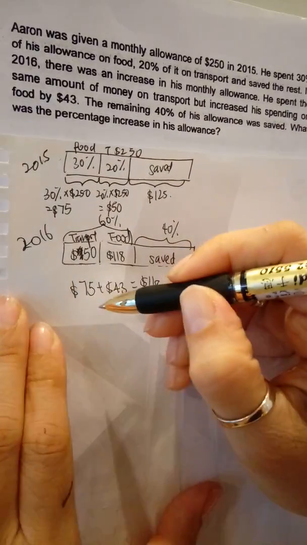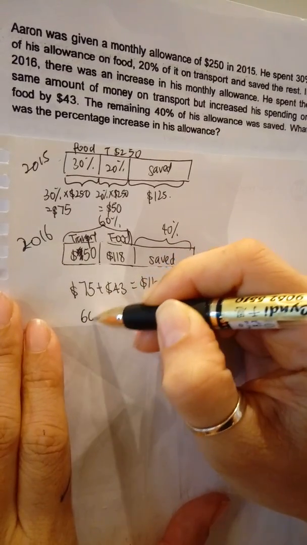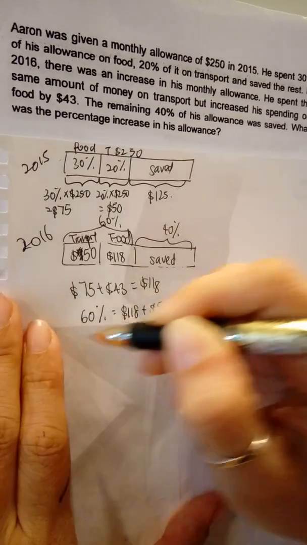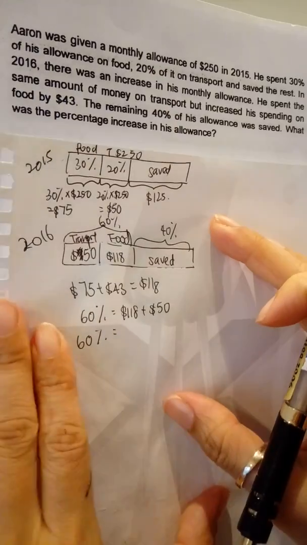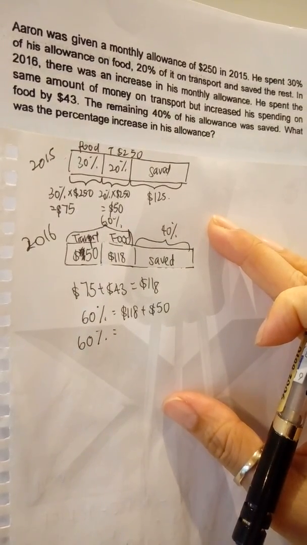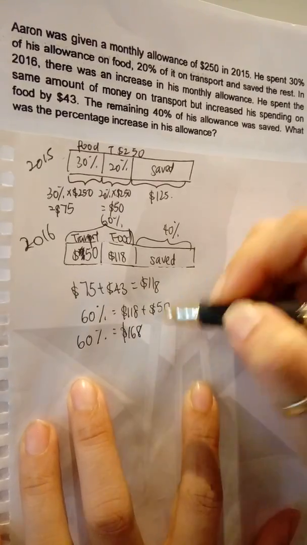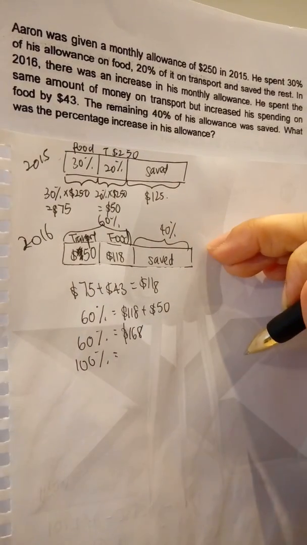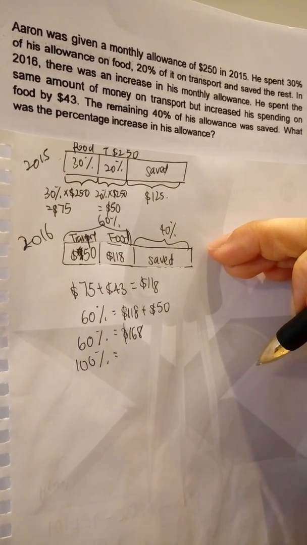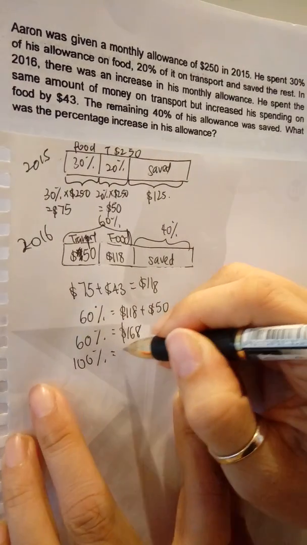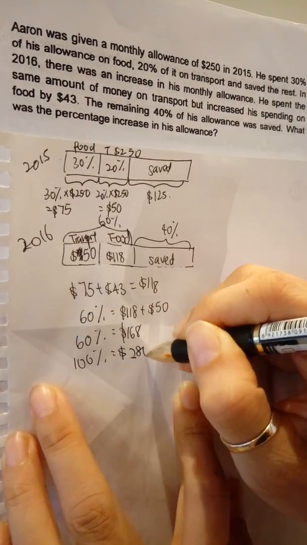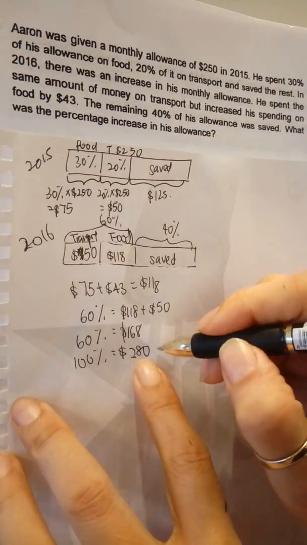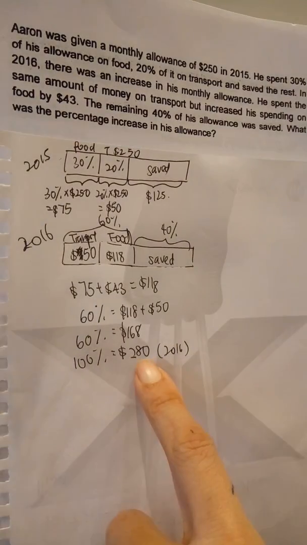If this is 60%, then you can set your matching already. 60% is equal to this amount, 168. So what is 100%? Right hand over left hand times bottom number divided by 6 times 10. You get 280. Initially it was 250, now it's 280 for 2016. The allowance for 2016.